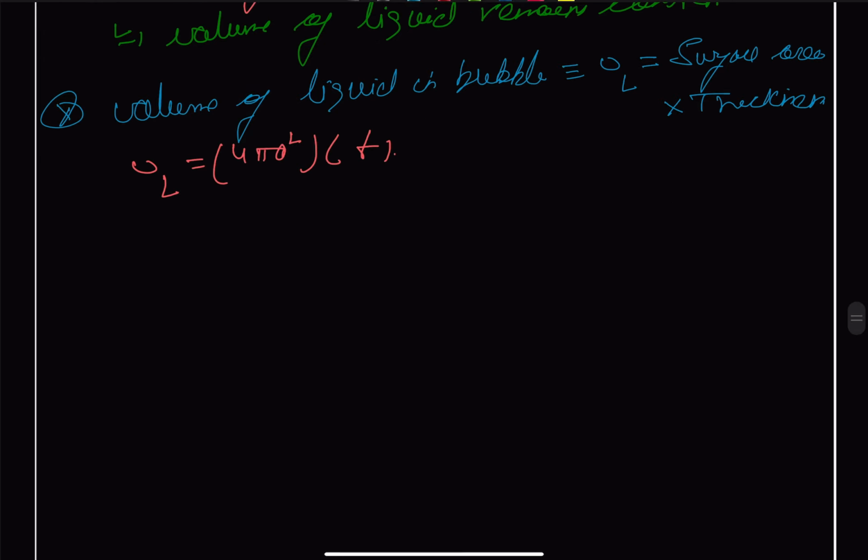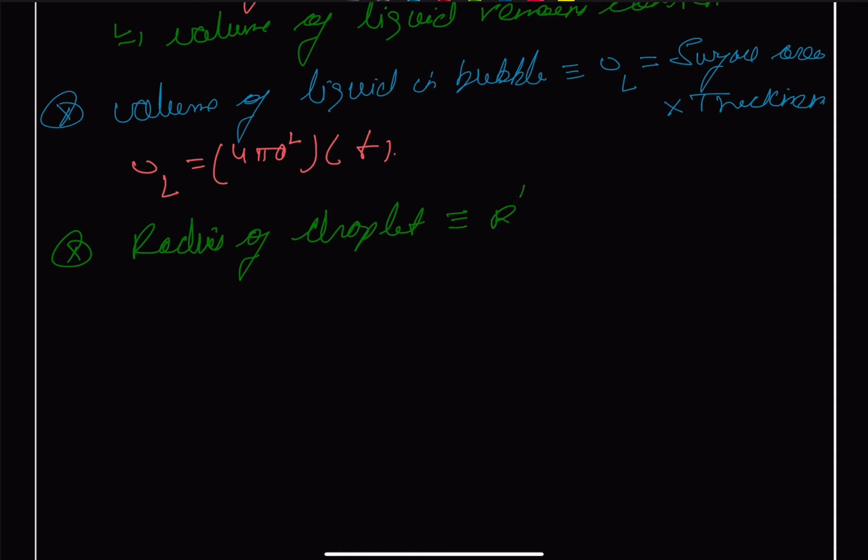So we can say that the radius of the droplet, let us call that R prime.